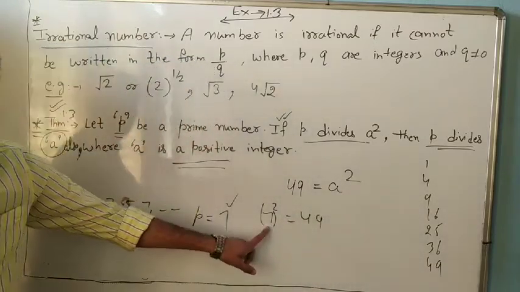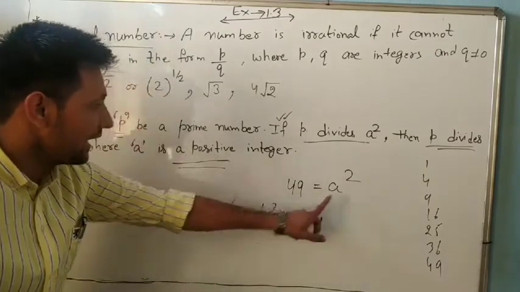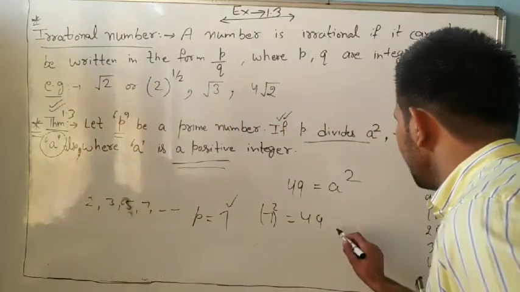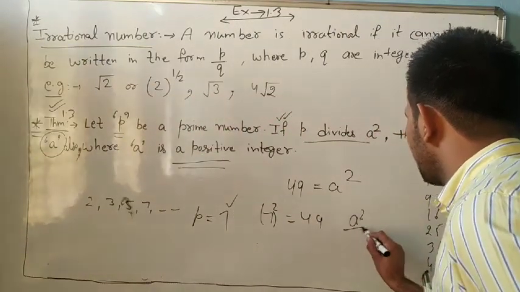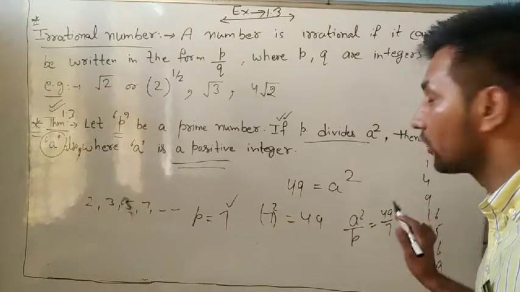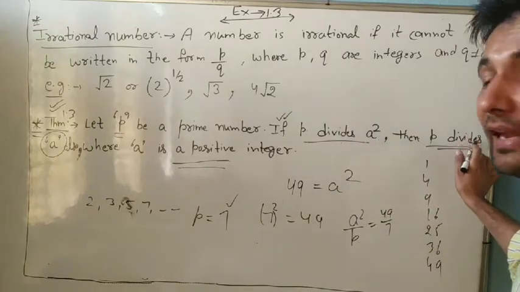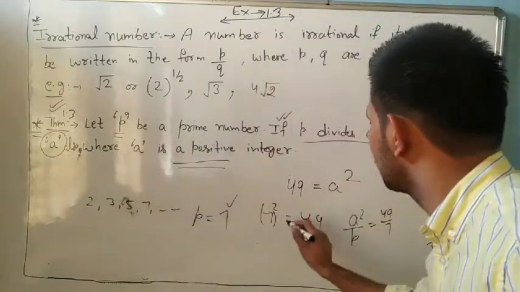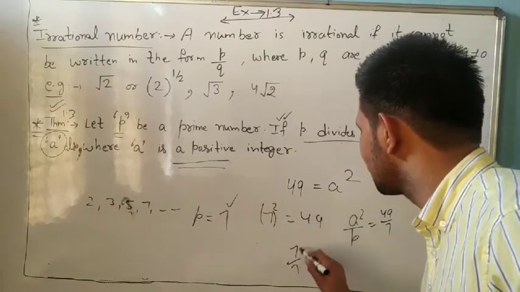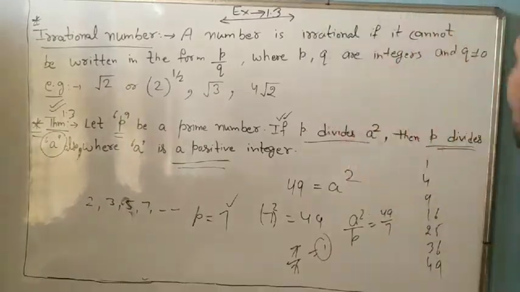So a is 7, and p is also 7. 49 divided by 7 divides completely, and a is 7, so 7 divided by 7 also divides. Understand? One more example, look.